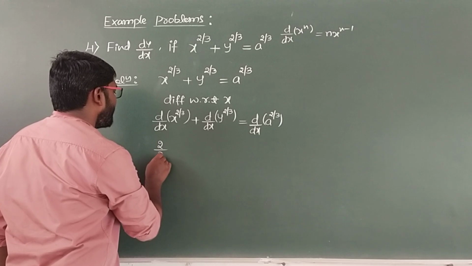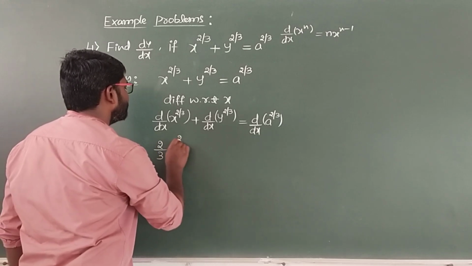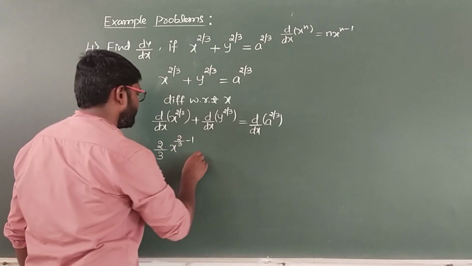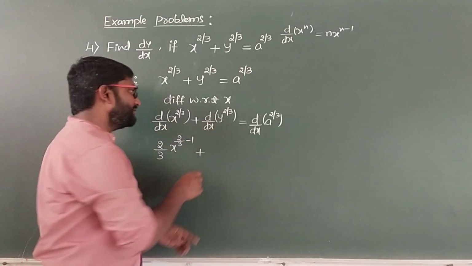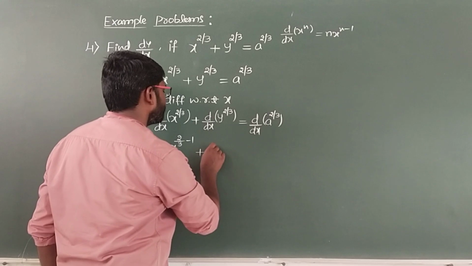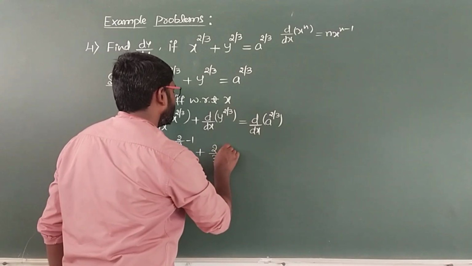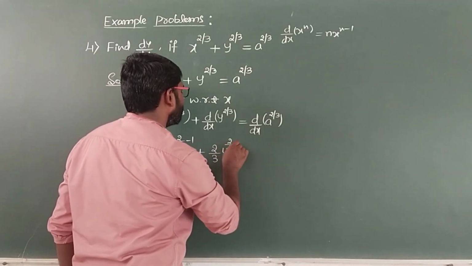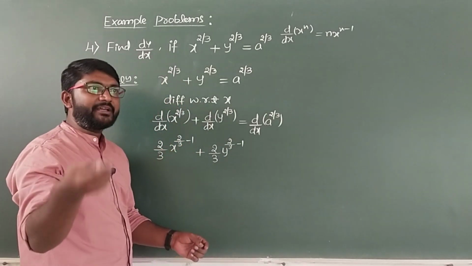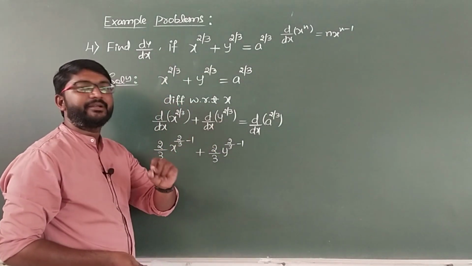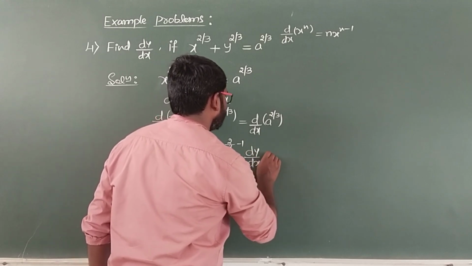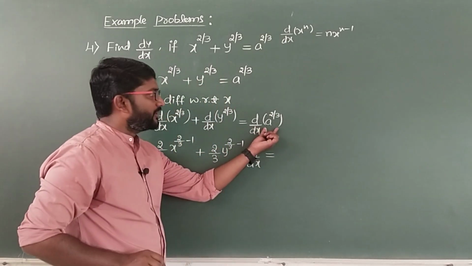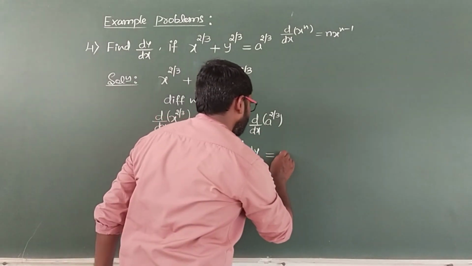2 by 3 into x to the power 2 by 3 minus 1, plus d by dx of y now. That means again it is in the form of x to the power n. 2 by 3 into y to the power 2 by 3 minus 1 into dy by dx. Once again we have to take the derivative of y, so it will be dy by dx, which is equal to the derivative of a constant term, which is 0.